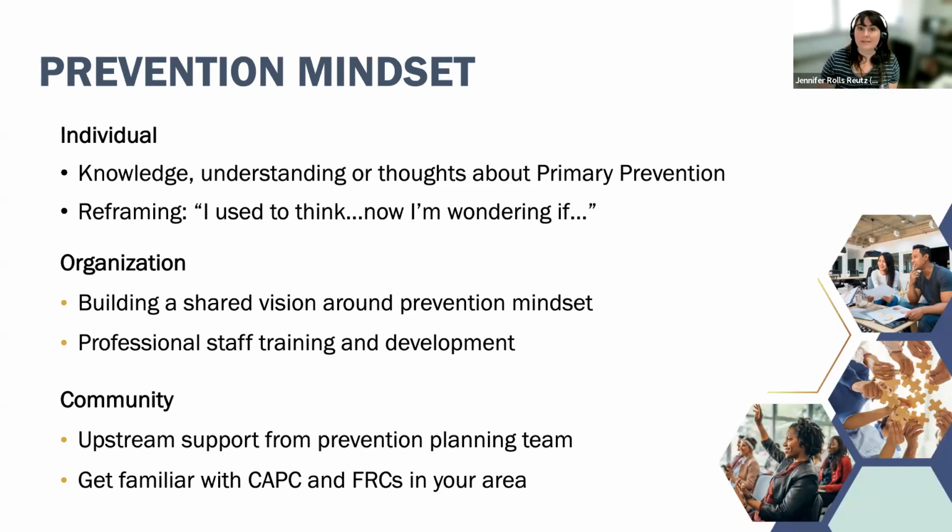What are you already doing, like we talked about in the gap analysis? And where are those holes? And then really making sure that your community is functioning well and all working together. You're getting involved with your CAPC, your Child Abuse Prevention Council. You're knowledgeable and you're including the Family Resource Centers, FRCs, in your community in this effort. So it's cross-system collaboration. All right, so next slide.